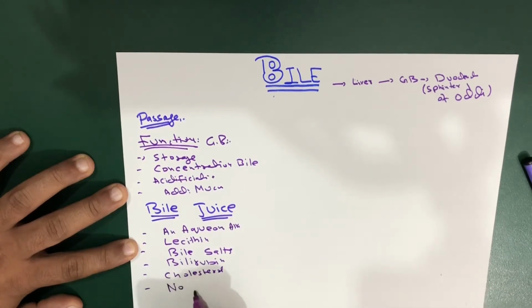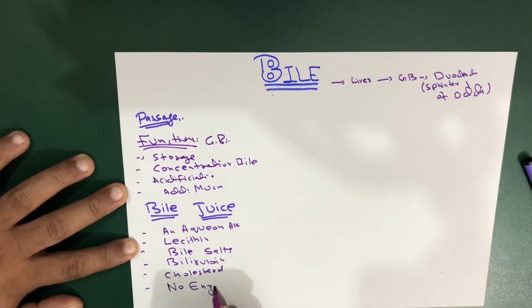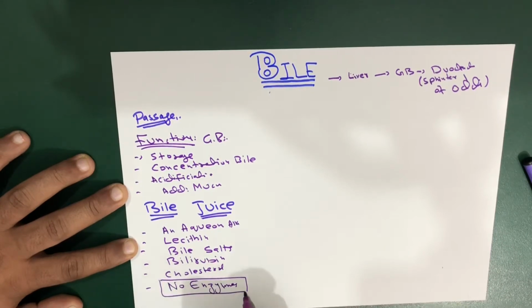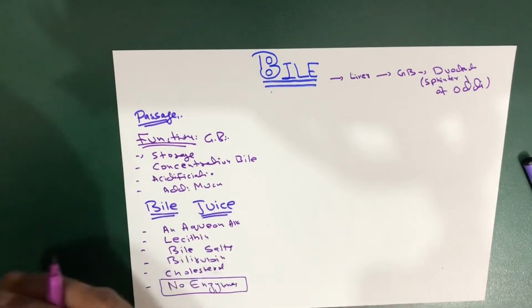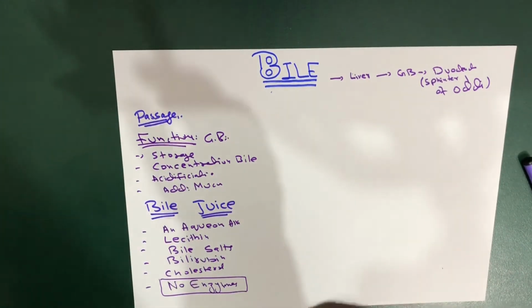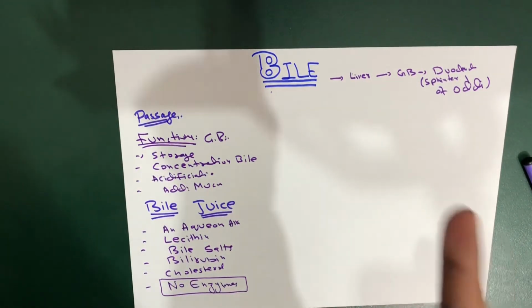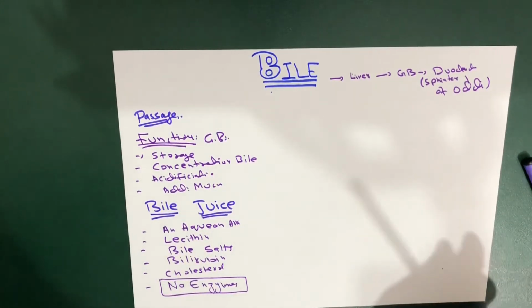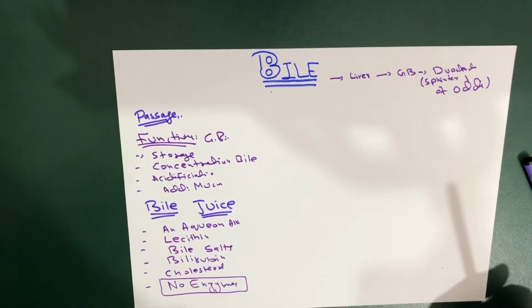Remember this point, this is very important: there are no enzymes in your bile juice. The organic constituents of bile are derived from your hepatic cells, and the water and bicarbonate, which are inorganic, are released from your duct cells.